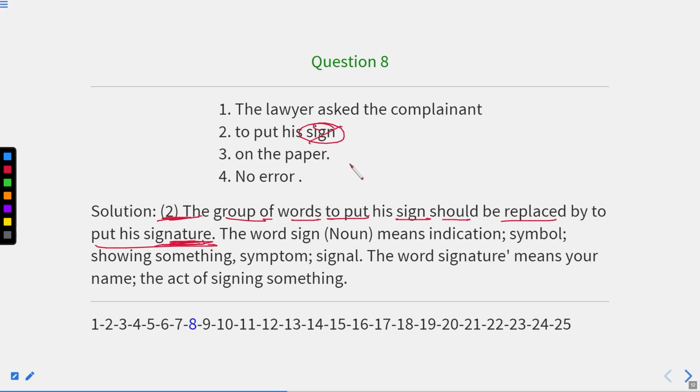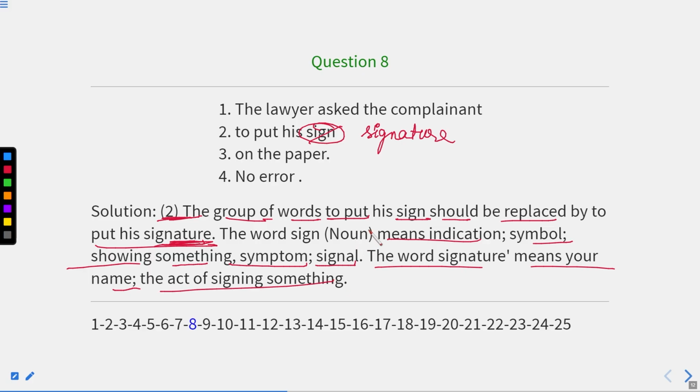So we can say to put his signature. Now, actually, there is a rule of word. If we talk about sign as a noun, sign means indication or symbol showing something, symptom, signal, etc. The word signature means your name, the act of signing something. So that is known as signature.